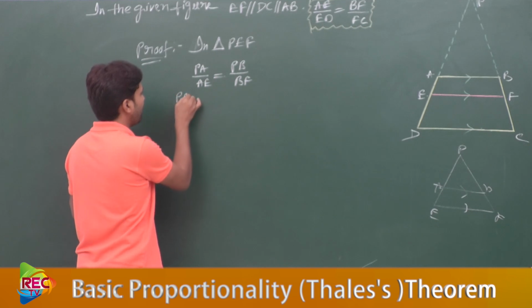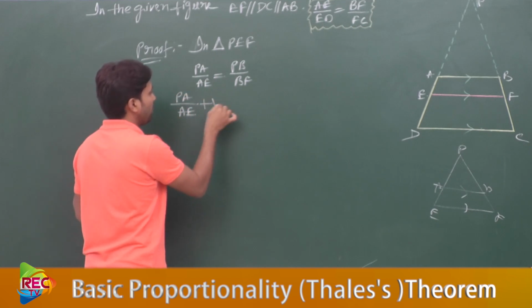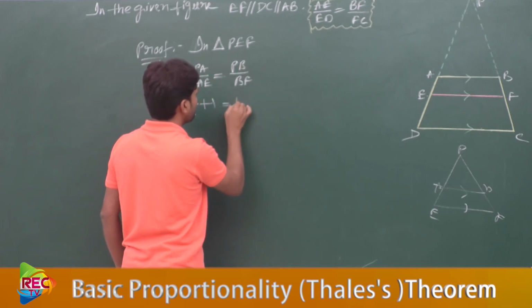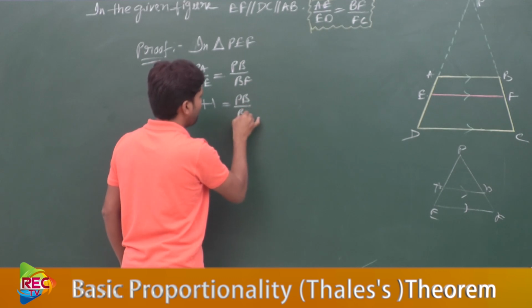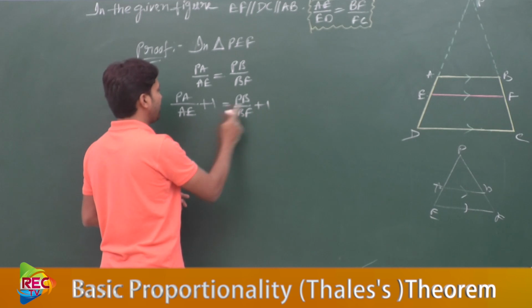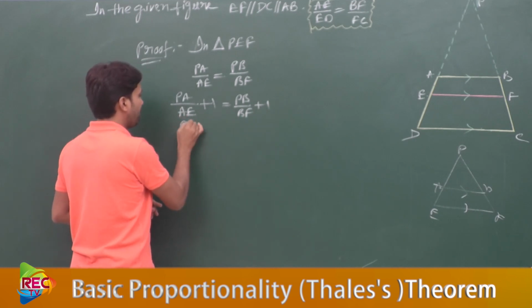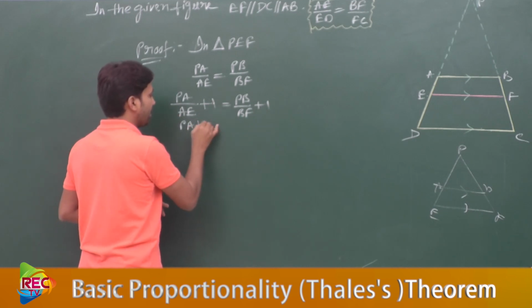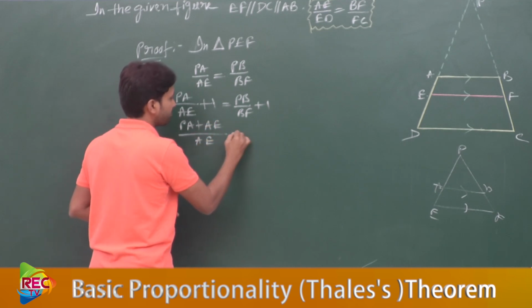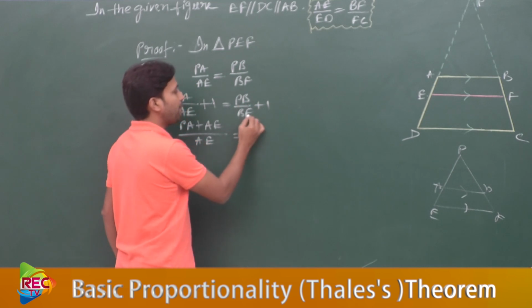PA by AE plus 1, and the same 1 we add on the other side, that is PB by BF plus 1, right? Now if you take LCM on both sides, what will happen? PA plus AE by AE equal to PB plus BF by BF.